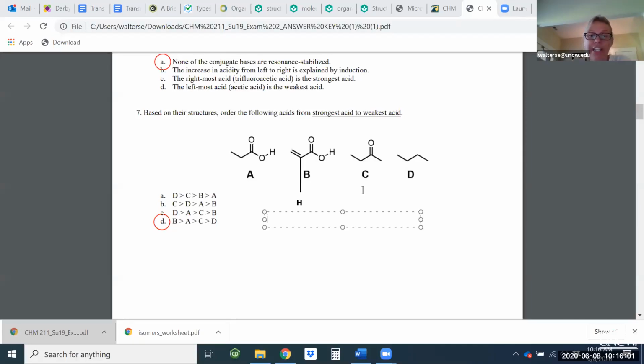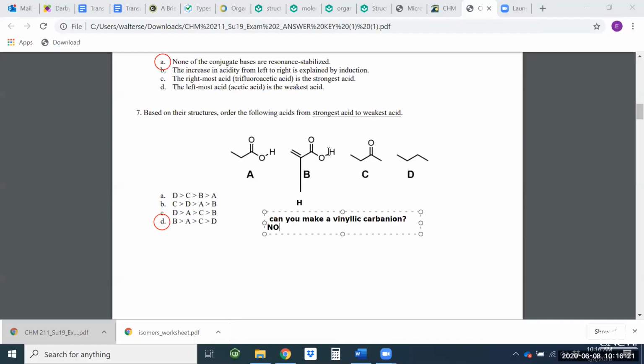So you're saying here, can you make a vinylic carbanion? No, you can't. So none of these three, the two that are here and the one here, are acidic. It's only this one here. There's absolutely no evidence of a vinylic carbanion.